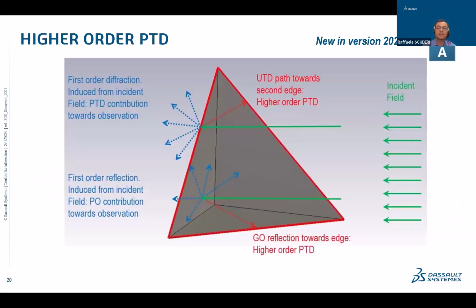For the sake of completeness, I have to say that still in 2024, we also introduced the possibility to calculate the higher order PTD contribution. So UTD is a new feature we introduced.